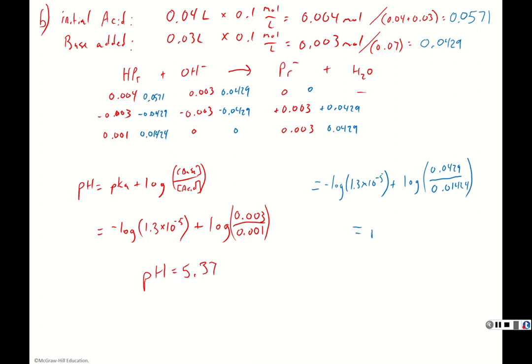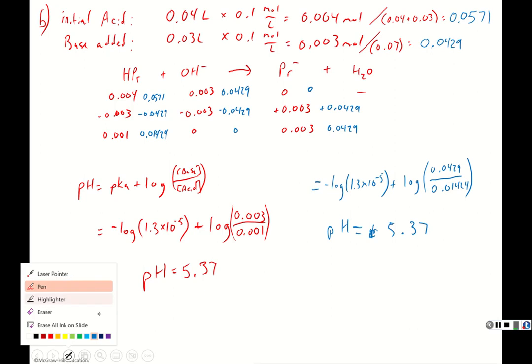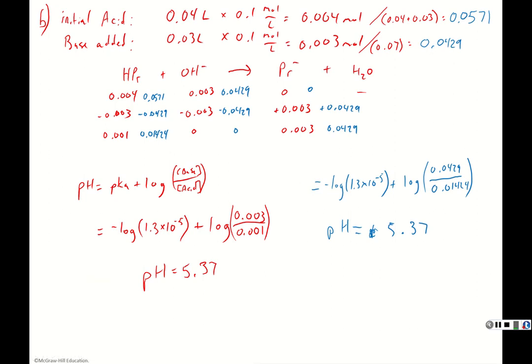And that's going to equal, pH equals 5.37. Okay, the same. So you can do that extra step to calculate the concentrations for this, or you can just use the number of moles of each. It's kind of your choice, or depending on how you're given the units in the problem.